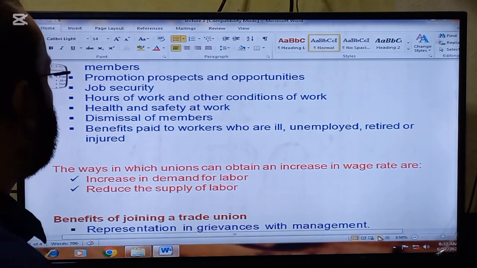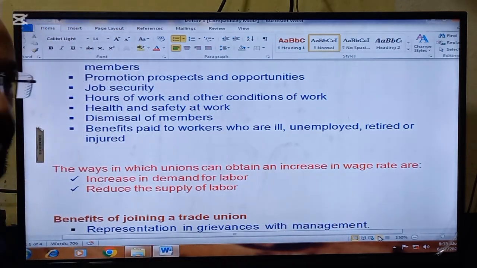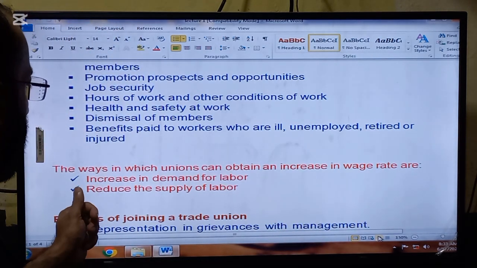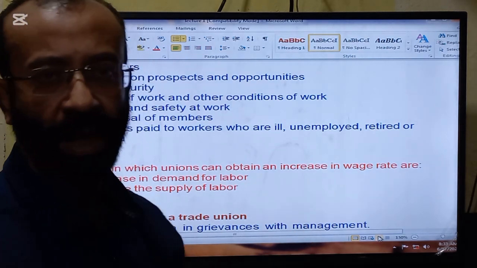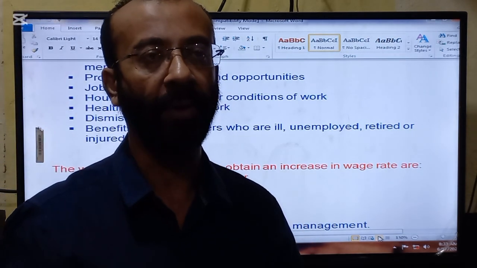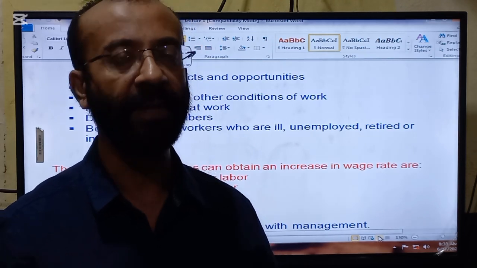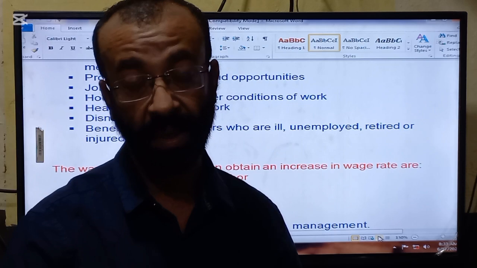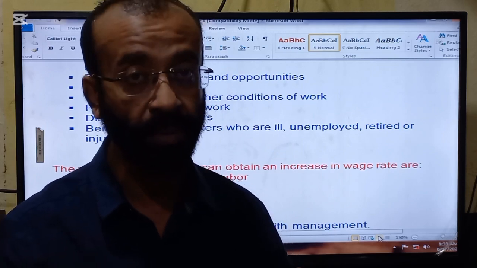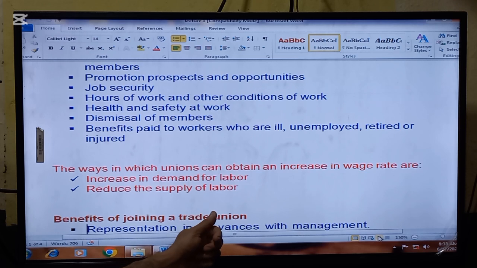The ways in which unions can obtain an increase in the wage rate are, so there are two ways. Number one, increase in the demand for labor. So they try to create the demand of labor. The more the demand of the labor, definitely employers will pay them more. And number two, reduce the supply of the labor.